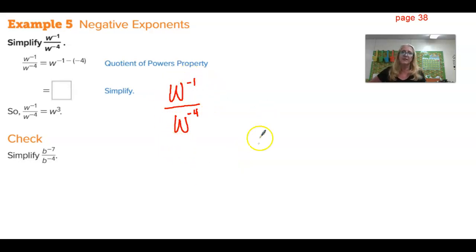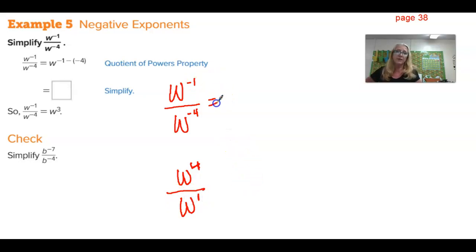I'm going to do it both ways. I told you that you can move these from the bottom to the top, and you change the sign on the exponent. So you can move the w to the negative 4 to the top, and it becomes positive 4. And you could move the w to the negative 1 to the bottom, and it becomes positive 1.